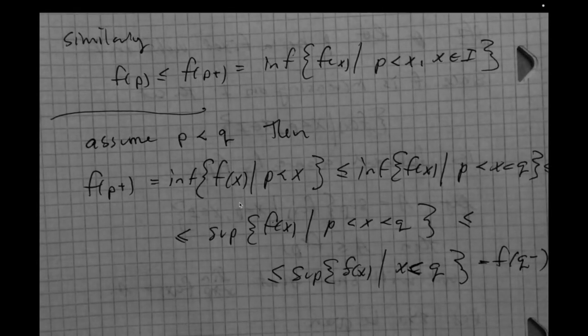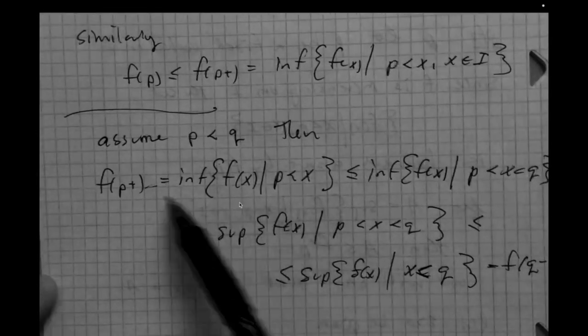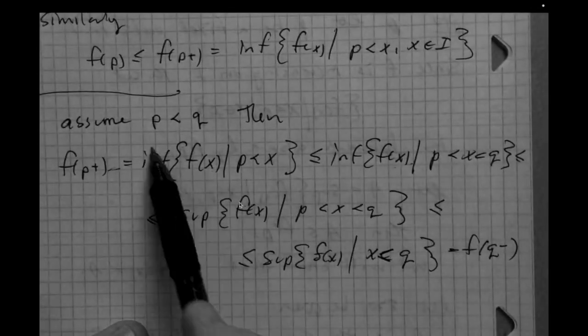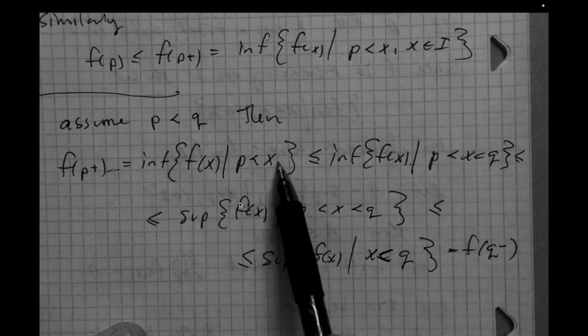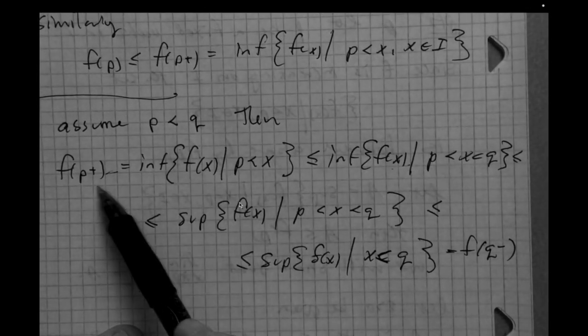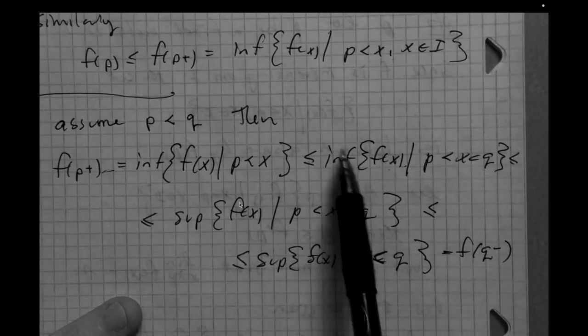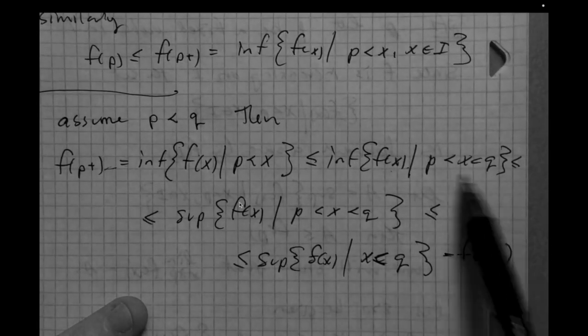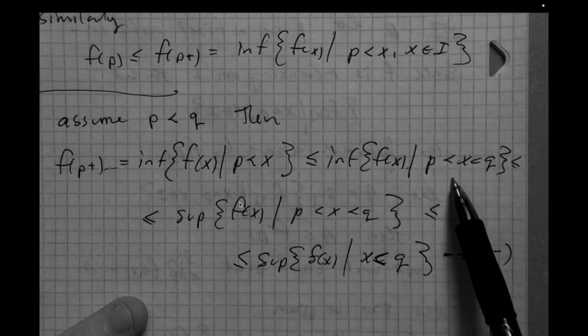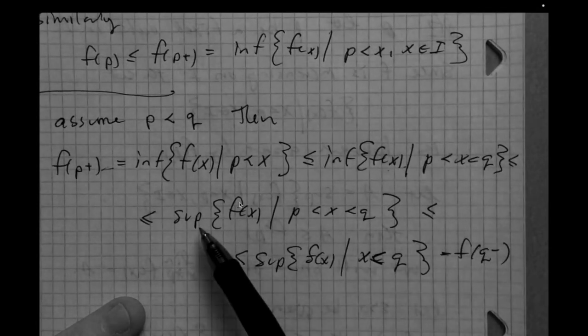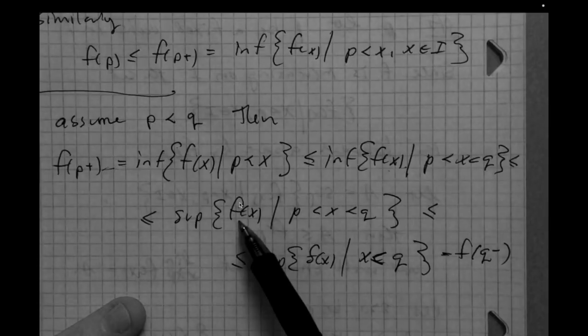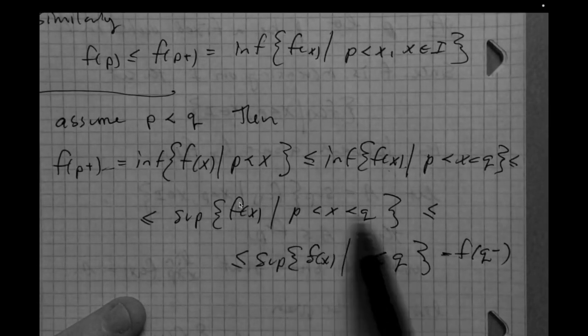Okay. And so that's the result. Let's just think logically about what these sets are. Let's break it down. So this infimum of f where p is less than x, that's just the right-hand limit. And that's got to be less than or equal to the infimum of f for all the x's between p and q, right? And then that has got to be less than or equal to the supremum of all the f of x's where x is between p and q.